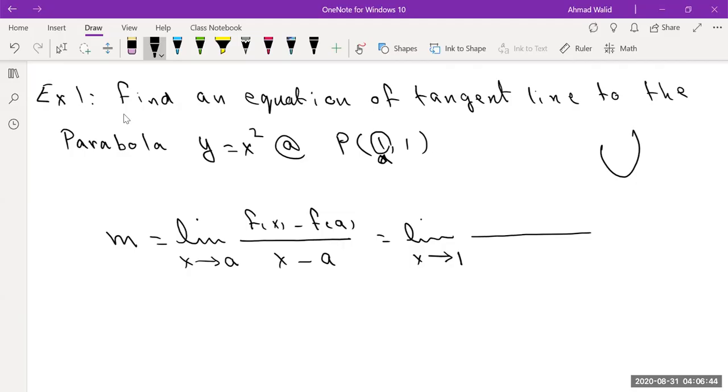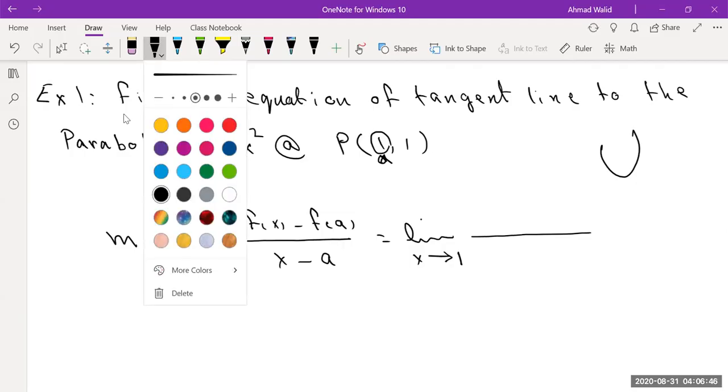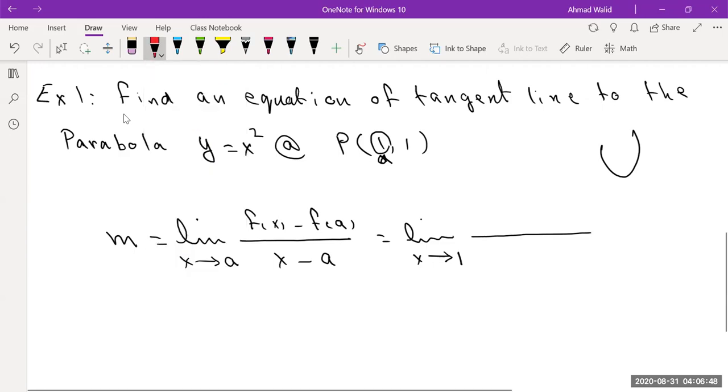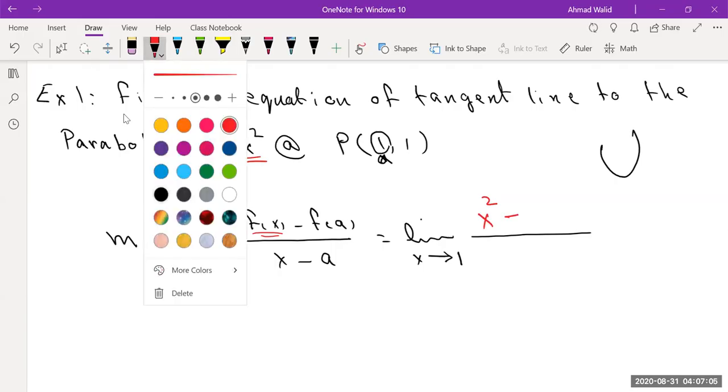What is the value of f of x? The value of f of x is given to you. f of x equals x squared. Then I will write here x squared, then minus f of a. How much is f of a? You have to calculate.